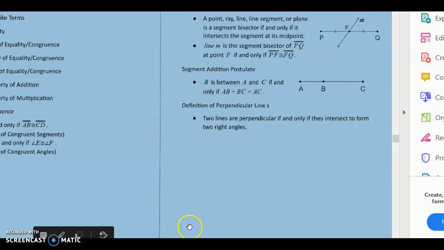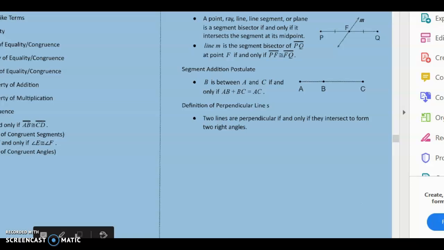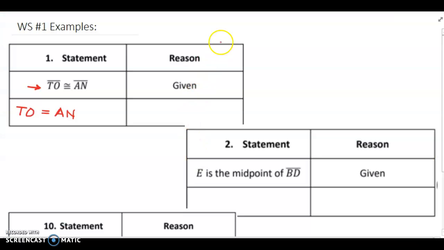Okay, so that's exactly what we're going to write here. If they're congruent, that means that TO equals AN, and if we go back to it, that's just the definition of congruence. So we would write definition of congruence here.